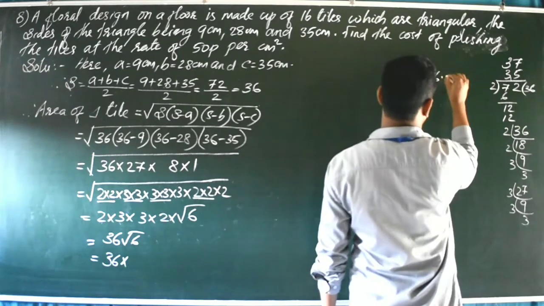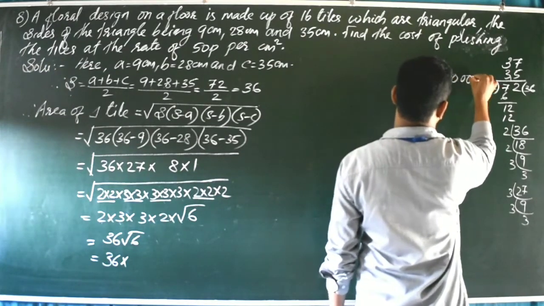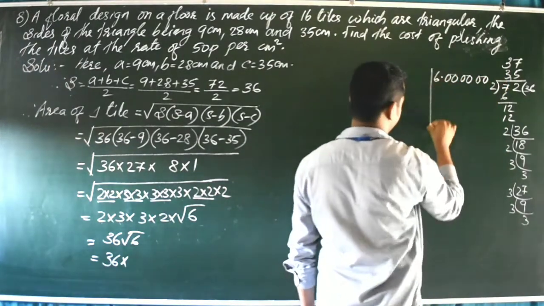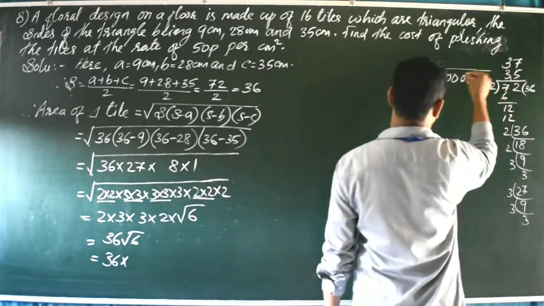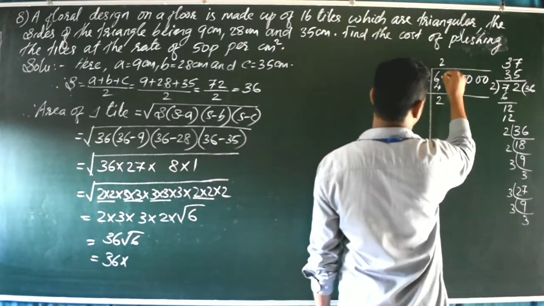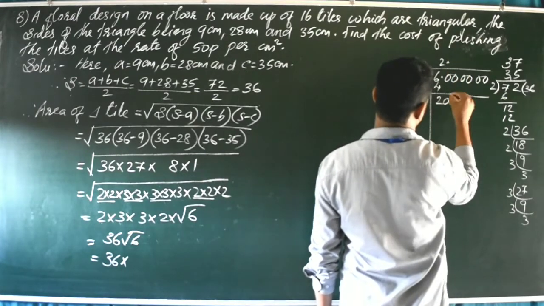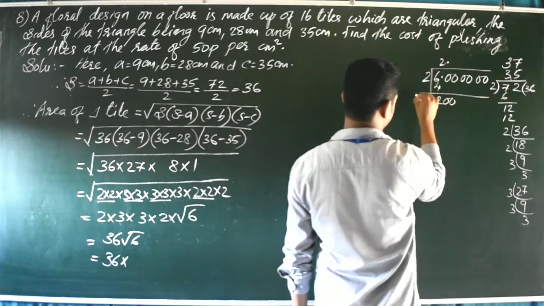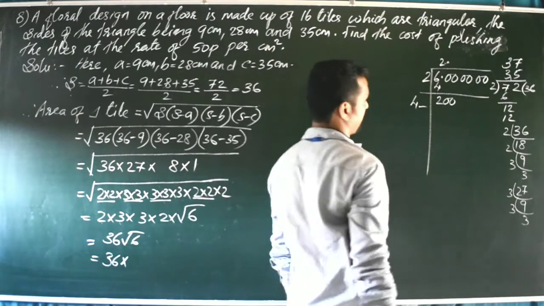Root 6, 6.000000, and find a perfect square less than or equal to 6, that is 4 only. 2 2s are 4, remainder 2, put the decimal point here, 0 0. Then 2 plus 2, that is 4, find a digit here, 40.